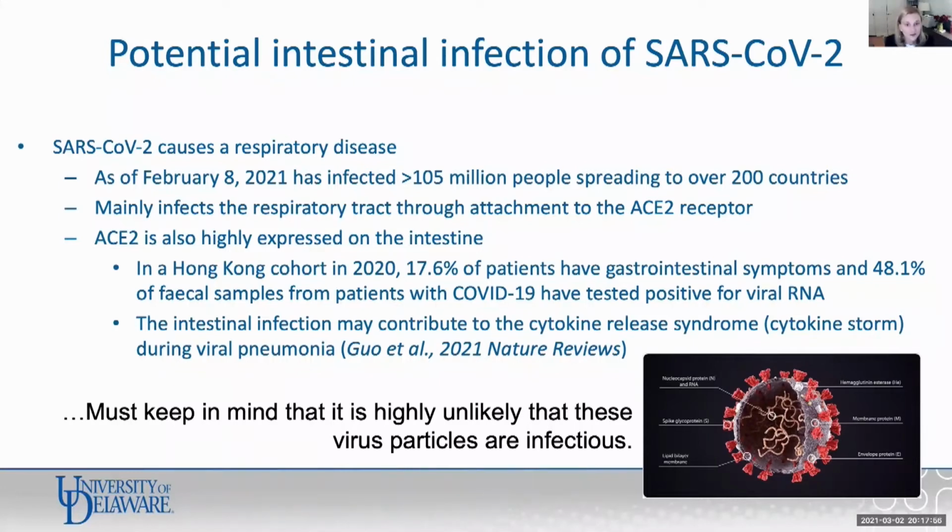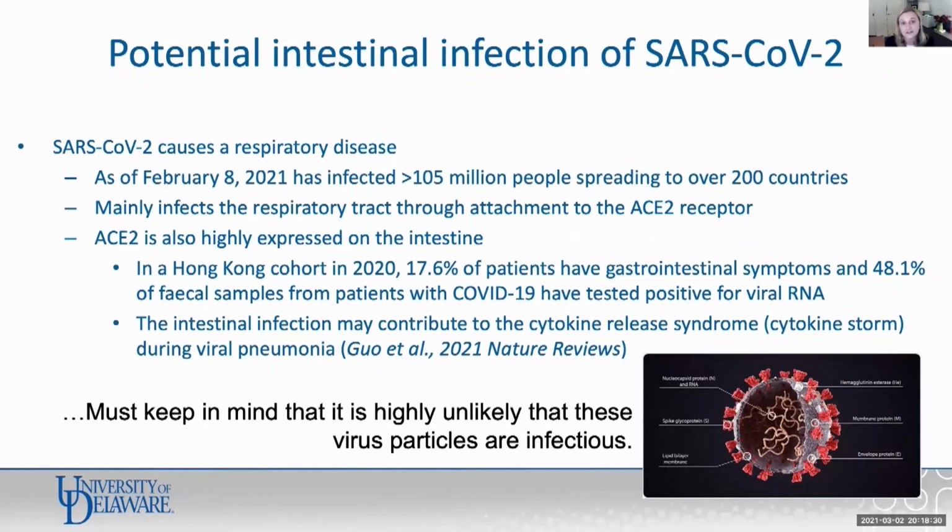So we know that SARS-CoV-2 infects the respiratory tract mainly through binding to an ACE2 receptor, while ACE2 is also highly expressed in the intestine. And there have been some studies, especially out of Asia and China in particular, where they've been able to identify one individual whose fecal sample containing virus was infectious to cell culture, but in many of the others, the virus was not infectious.